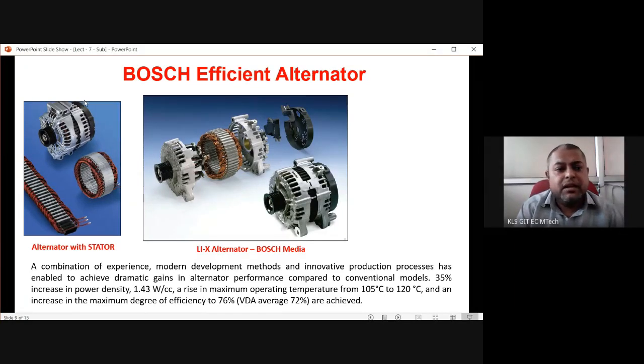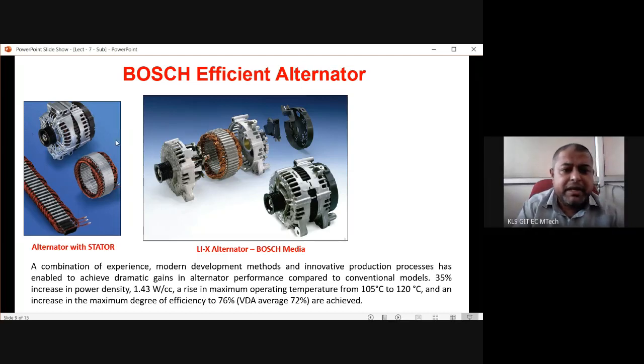This is the alternator shown in the previous slide, called the LIX alternator, from Bosch, and this is the stator. You can see three phase outputs, so this is a delta kind of alternator. A star kind of alternator has another line, which is the neutral point.